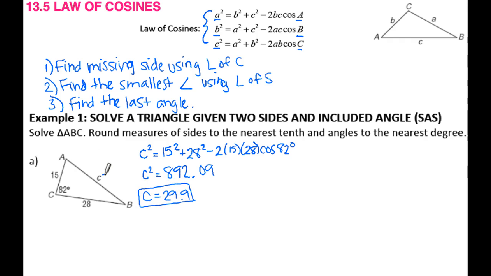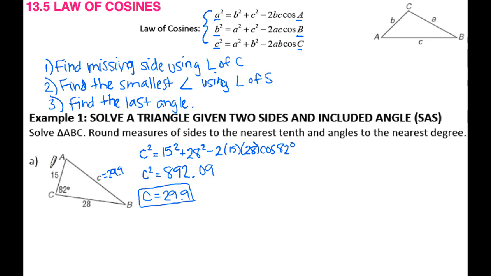All right, so now I know that this side is 29.9 units. From here we're going to go on to step two, and we're going to find the smallest angle using the law of sines. Our smallest side is opposite the smallest angle.